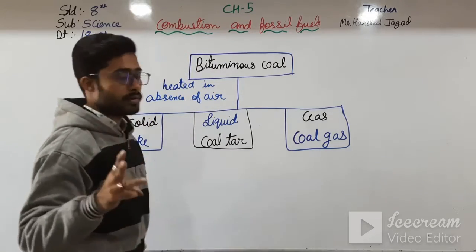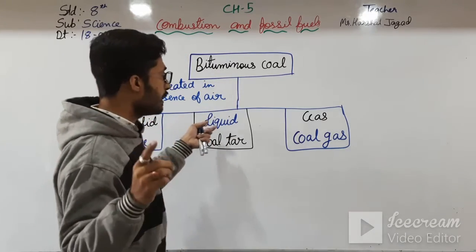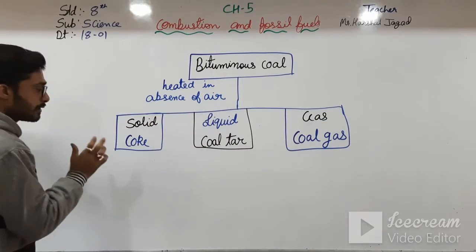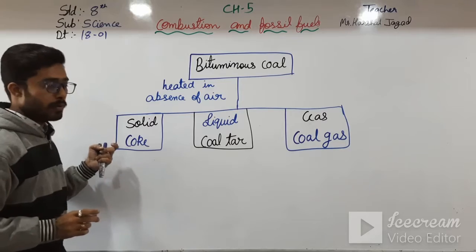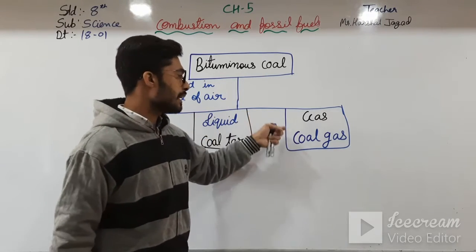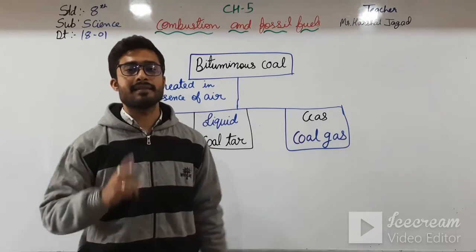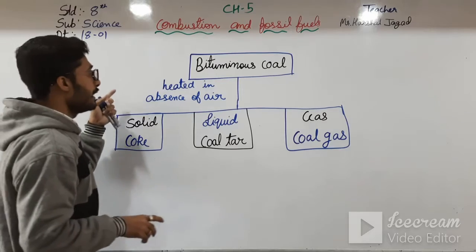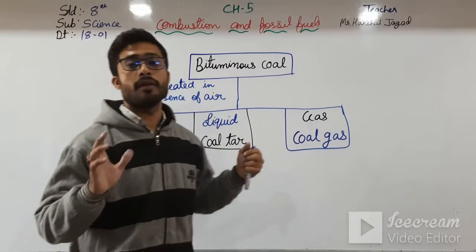We get three products: one is solid, one is liquid, and another is gas. In the solid we get coke, in liquid we get coal tar, and in gas we get coal gas. These three things are obtained when bituminous coal is heated in absence of air.